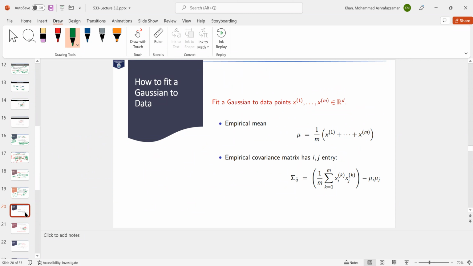Okay, now the question is, how do we fit a Gaussian to our data? So for that, we just need two things, the mean value and the covariance matrix. And we can calculate from our data points using these two equations.